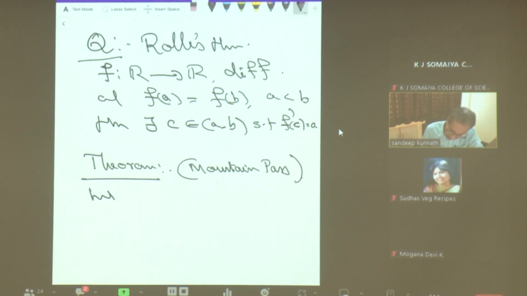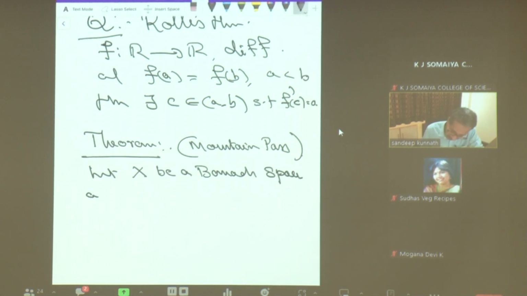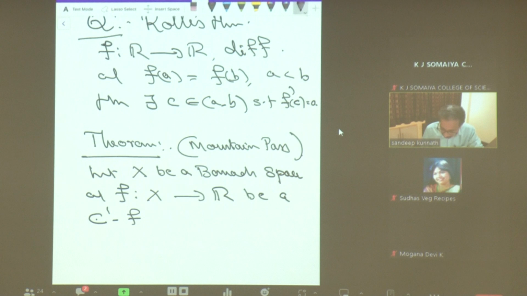So let X be a Banach space and f from X to R be a C1 function. It is differentiable at every point and the derivative is continuous.